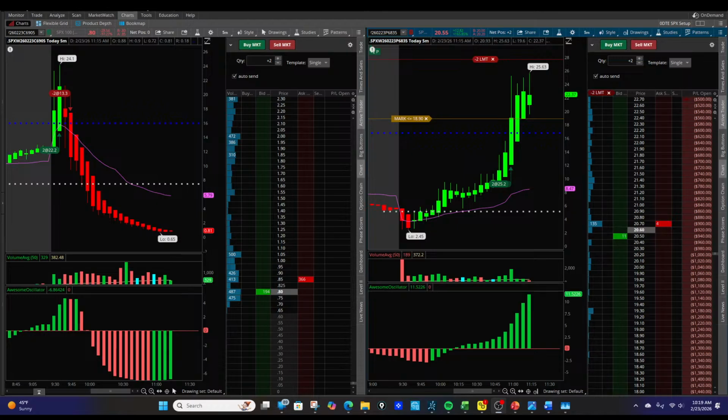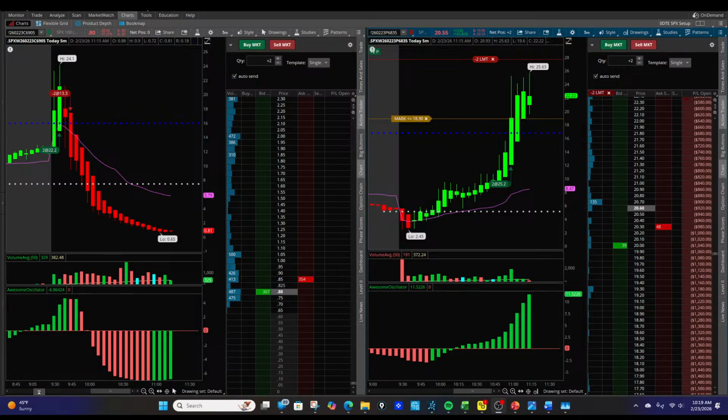If you look at the call side on the left, we've got 4 green bars on AO, but there's no movement. And normally the first green bar, you have a green candle above it, but that didn't happen.